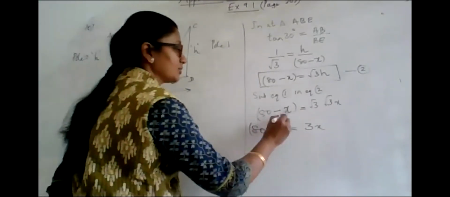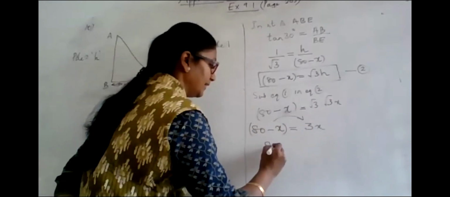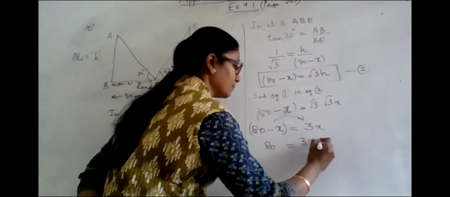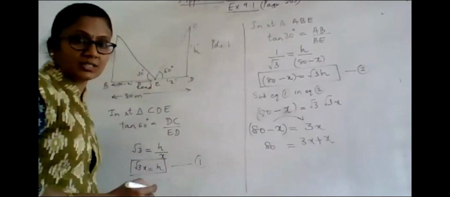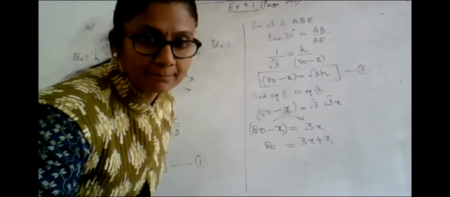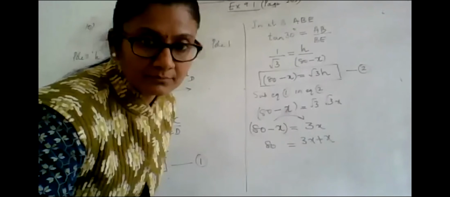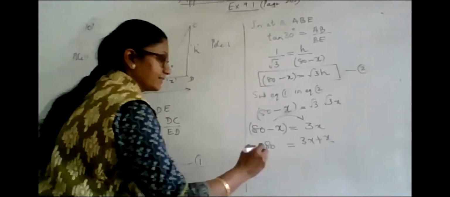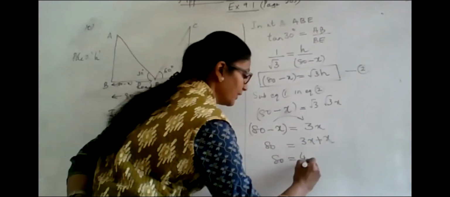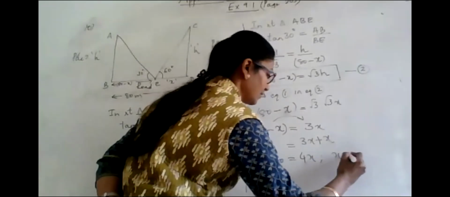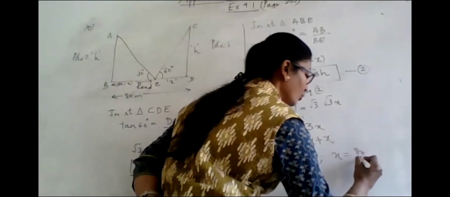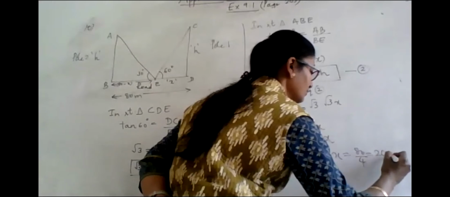Alright, now you can transpose this there. So it will be 80 equals 3x plus x. So 3x plus x will become 4x. So 80 equals 4x, or in other words, x is equal to 80 by 4, which will become 20 meters.